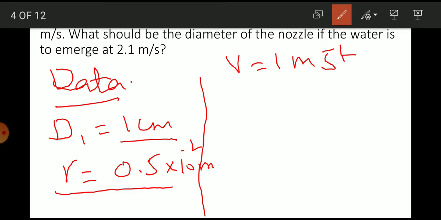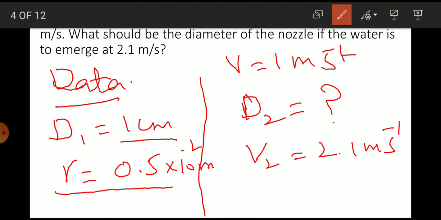What should be the diameter of the nozzle if the water is to emerge at 2.1? So we have to find d2. d2 is equal to question mark, and water is to emerge at velocity v2, which is 2.1 meter per second. So we have to apply the formula and sort out this numerical.